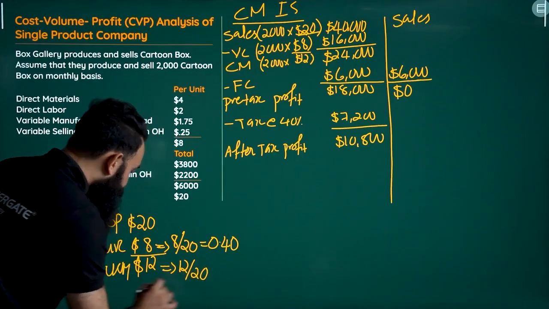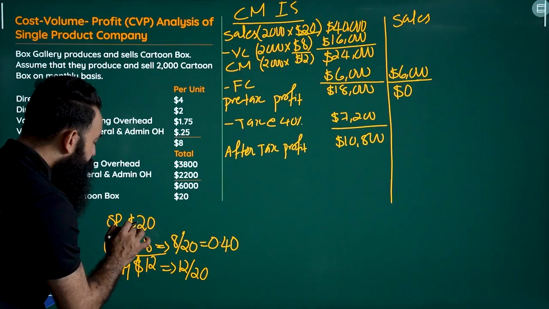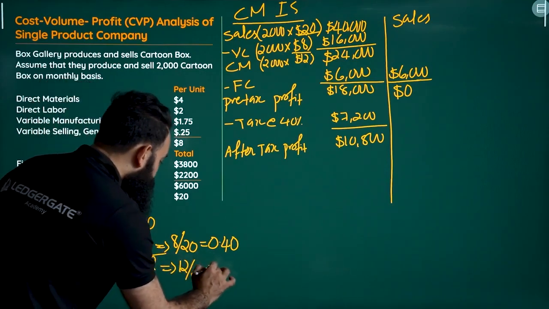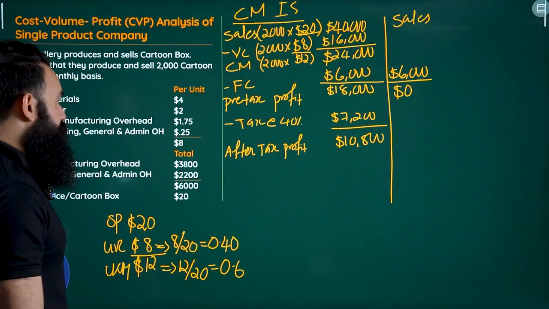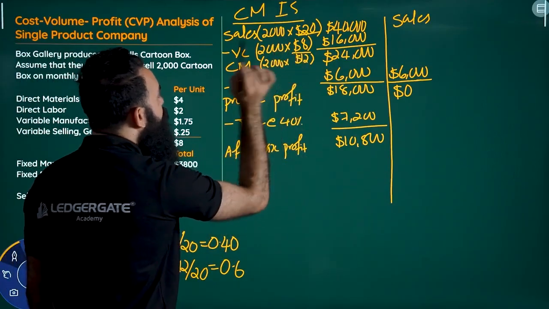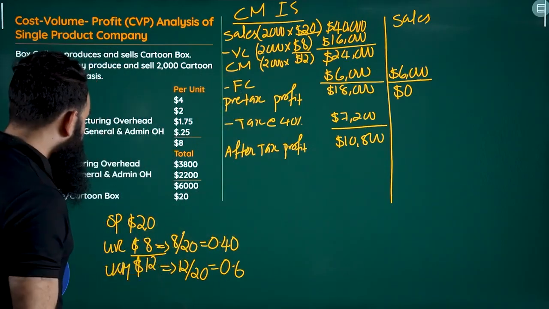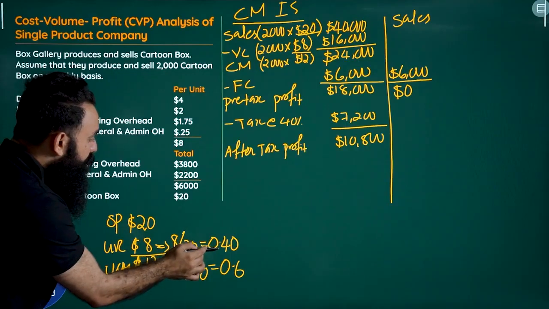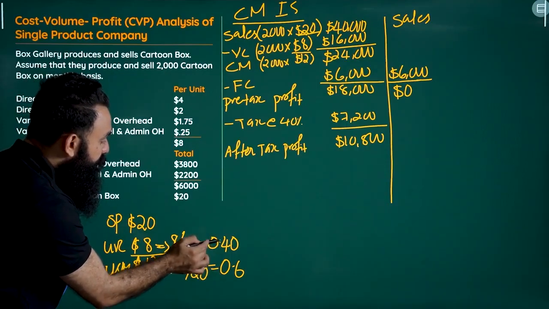12 by 20. That means this unit contribution margin, how much percentage of sales is it? That will be 60%. This will follow everywhere, because when the unit changes here and here, it will be the same. That's why in every case, contribution margin per unit, contribution margin ratio and variable cost ratio.